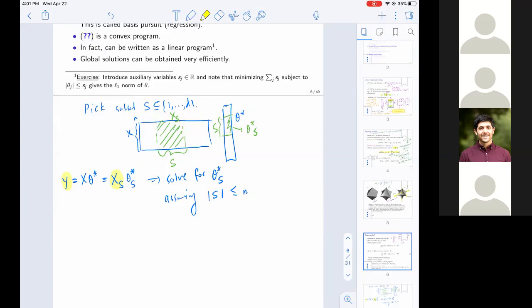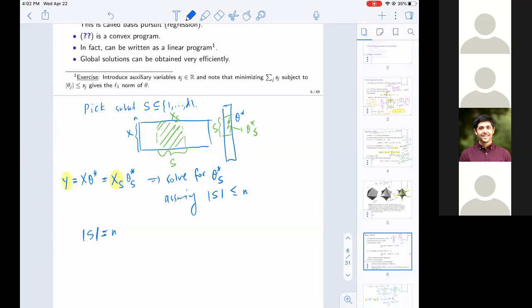So you go and pick S and then try to solve this. Let's say the procedure would be something like this. Fix S of a certain size. Start from size S equal to, let's say, n, because then I can solve the system. For S equal to n, if X is full rank, then there is a subset of columns that's full rank and it's invertible.